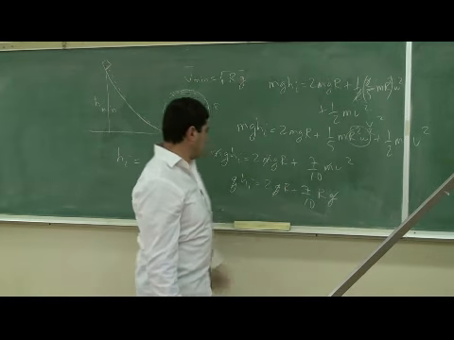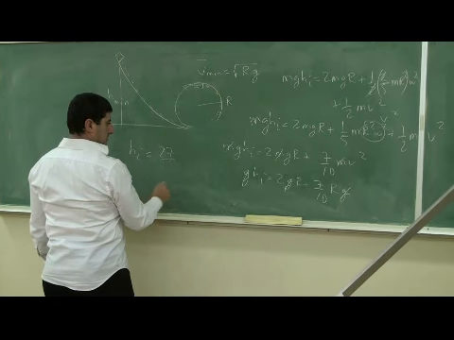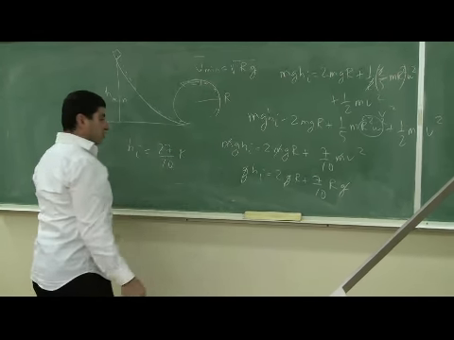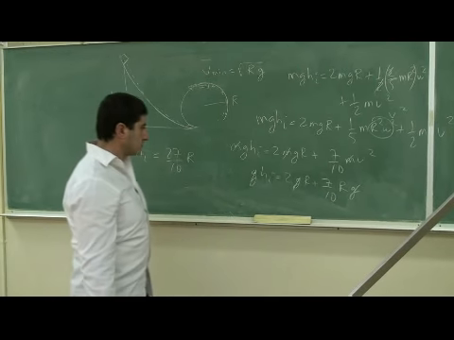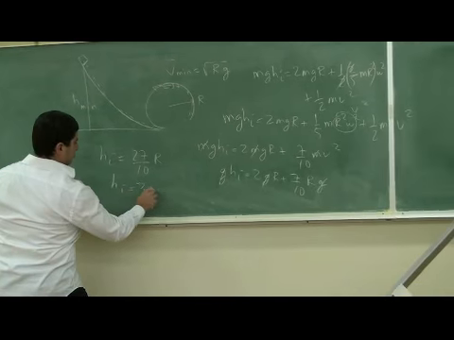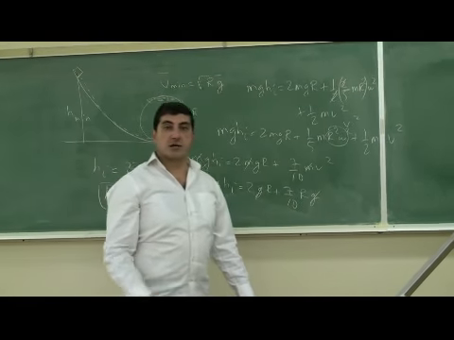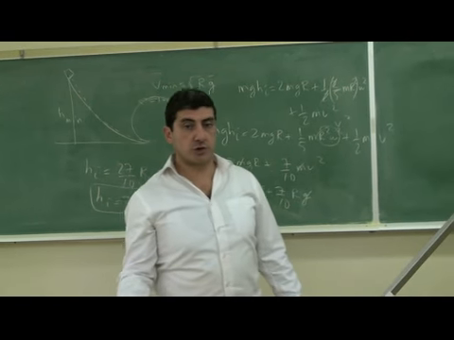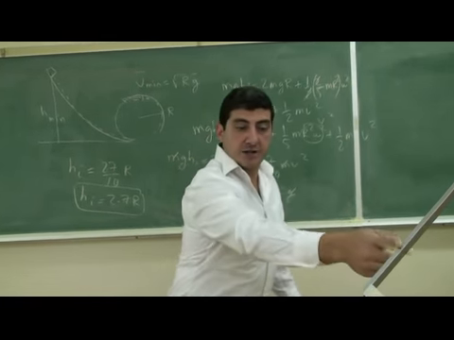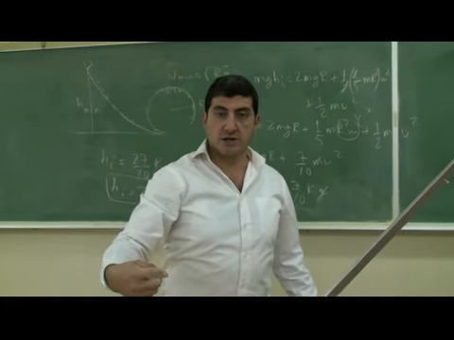So 20 plus 7, 27 over 10 times r, which means 2.7. Okay? So h initial is 2.7 r. What was the other one? The other one was 2.5 r. So it's telling you you have to start it up higher because part of its potential energy is being converted into rolling energy.